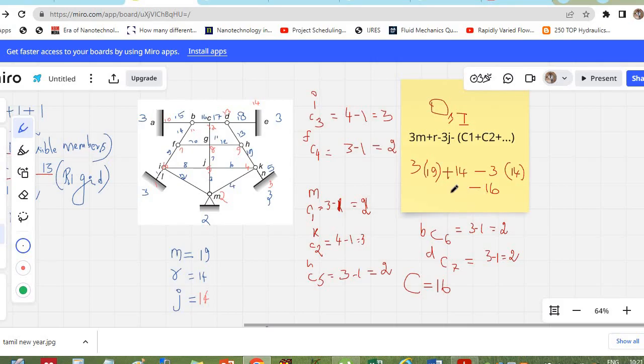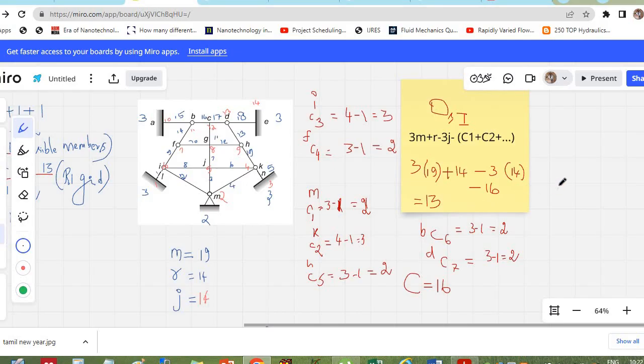So what do we have finally, summing up everything, the degree of static indeterminacy is 13.